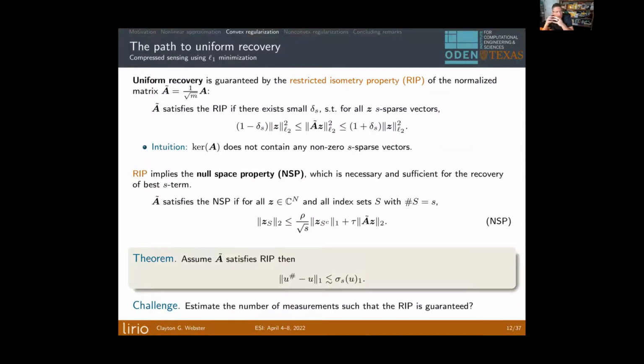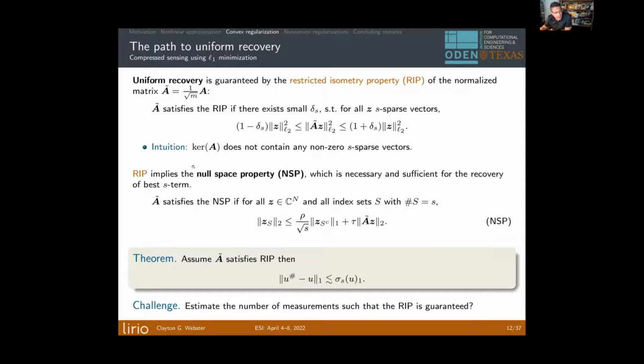The normalized matrix satisfies the RIP if there exists some delta, I'll call it delta S, such that for all S-sparse vectors, the application of that normalized matrix to the S-sparse vector Z can be bounded above and below by something close to the vector itself in L2. The intuition here is that if I look at the kernel of the matrix A, it doesn't contain any non-zero S-sparse vectors, okay?